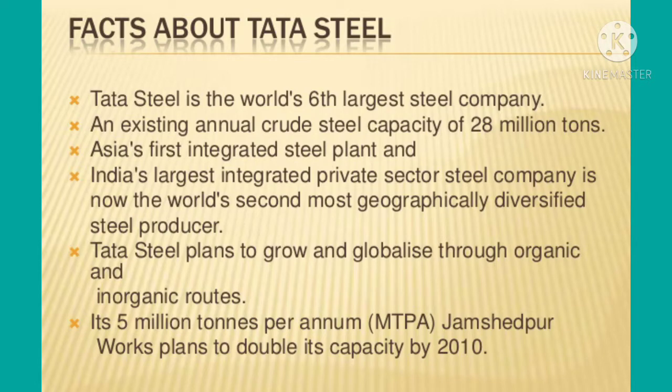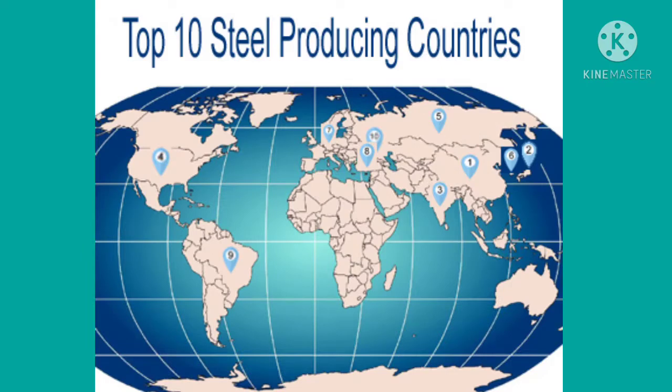The product obtained is known as pig iron, which is further processed to obtain cast iron, wrought iron and finally steel. If we talk about the top 10 countries where iron and steel industries are located, these are Japan, in which Tokyo, Yokohama, Fukuoka, Yamaguchi and Hokkaido are famous.